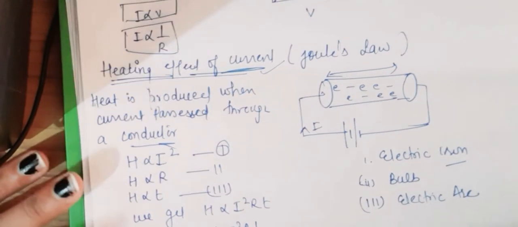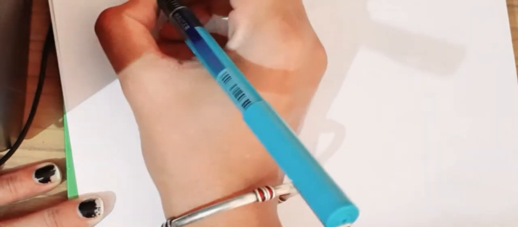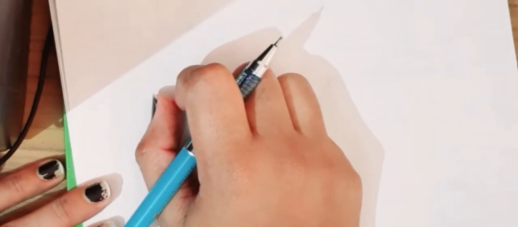Then the next topic is electric work. What is electric work? It is defined as the capacity to do work, which is called energy. So work W is equal to VQ.